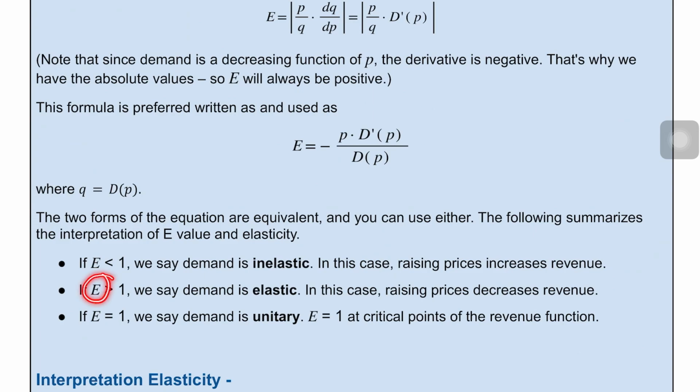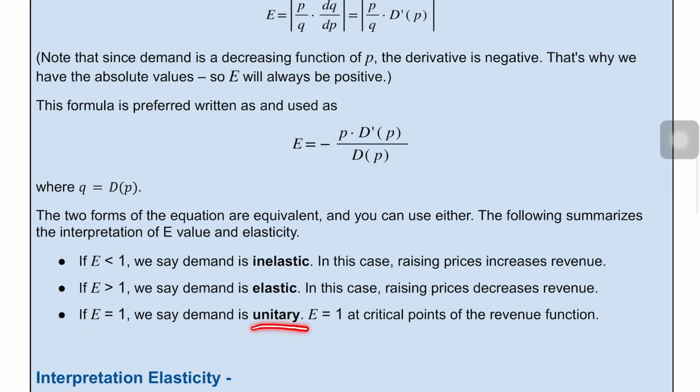Versus if your E value is greater than 1, then this is going to be elastic, and that means in this case raising prices will change a lot of your demand, meaning it will decrease your revenue. The other one will be, well, what about if we have E equals 1? Then we say that this is the unitary value, and we consider that to be a critical point of the revenue function. Critical point means that this could be a maximum or a minimum for the revenue.